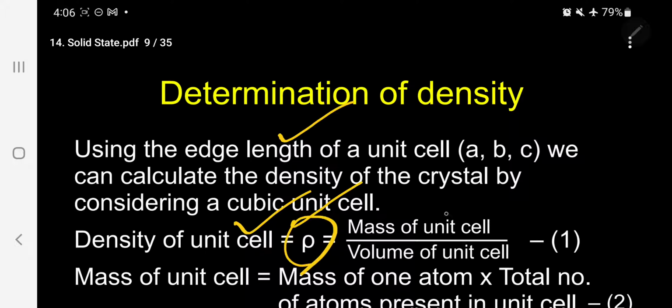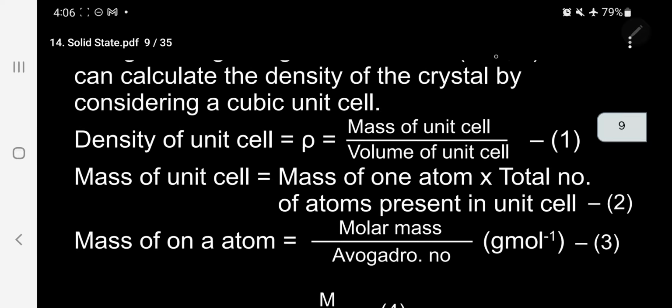Rho is given by the mass of the unit cell divided by the volume of the unit cell. Mass by volume. The mass of the unit cell means nothing but how many atoms are occupied. For example, mass of unit cell equals mass of 1 atom into the total number of atoms present in the unit cell. Please follow.